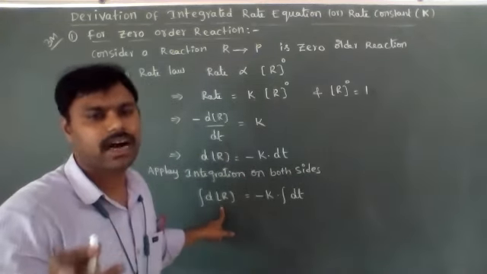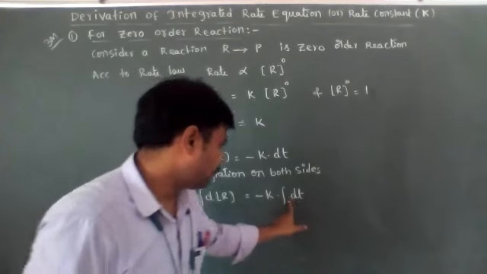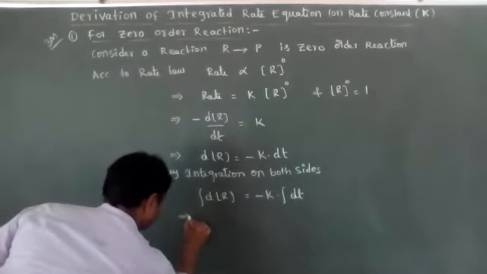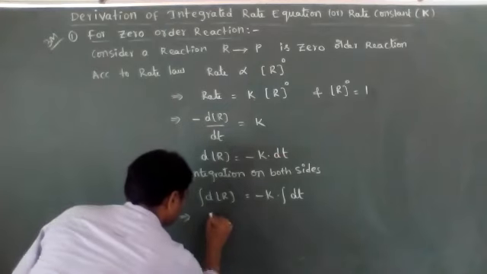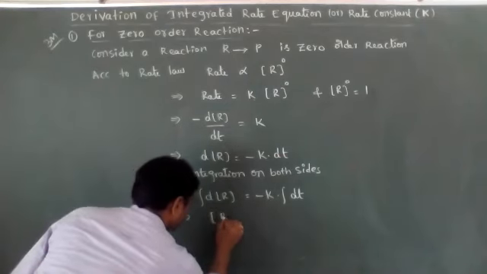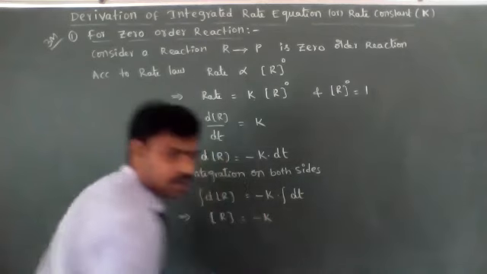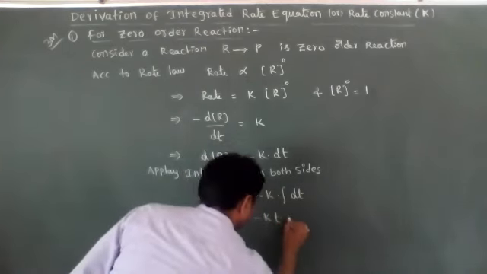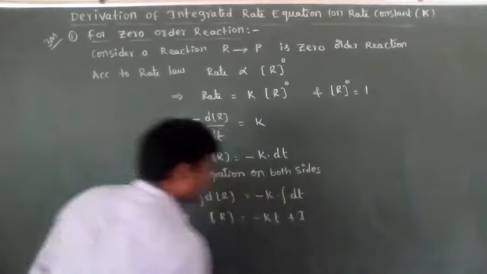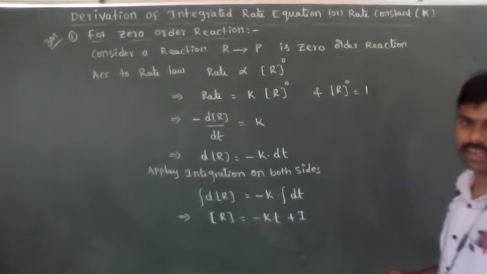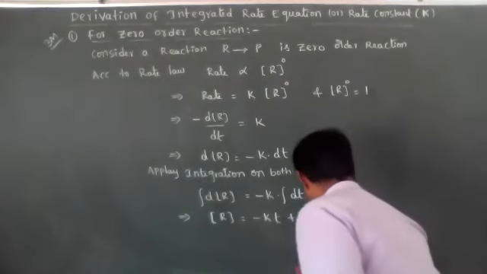Integral 1 dR is equal to R. At the same time, integral 1 dt is equal to t. So integral dR is nothing but the concentration of R, is equal to minus K into t plus I, where I is called the integration constant.